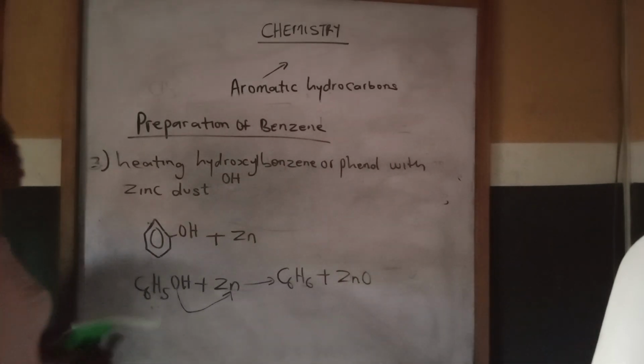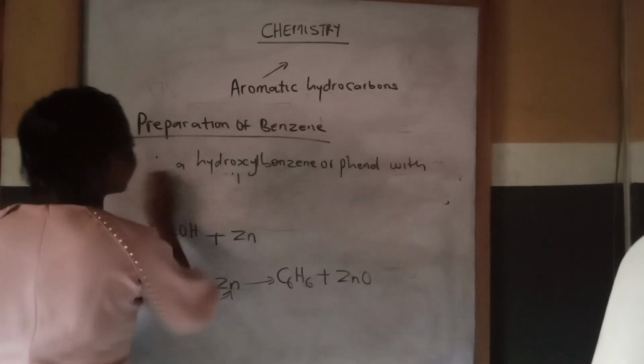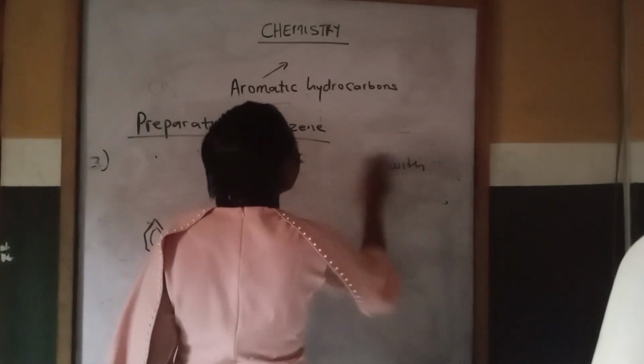And lastly, polymerization of ethyne will give us benzene.